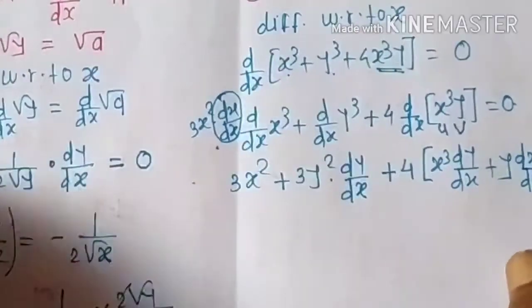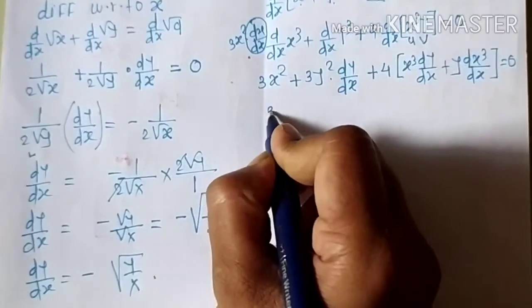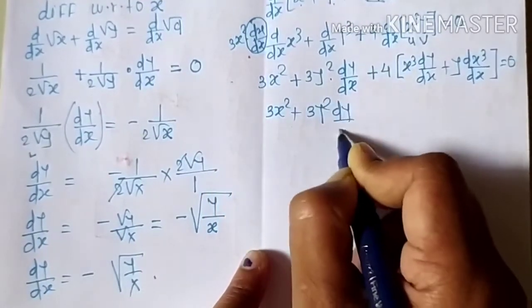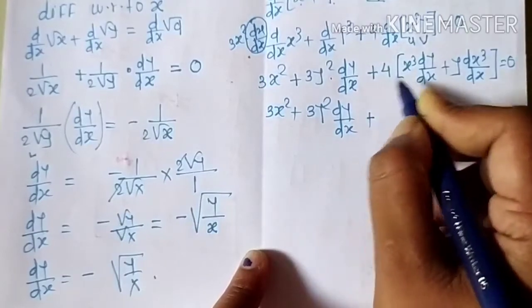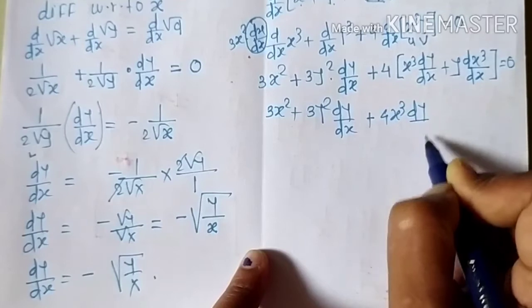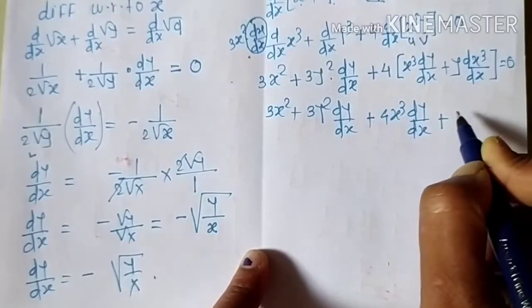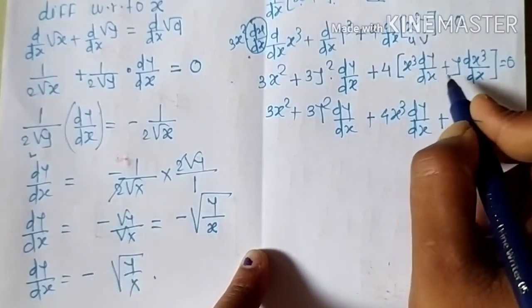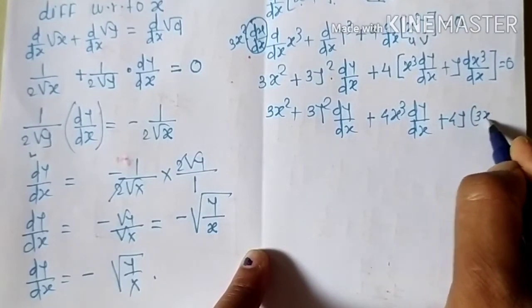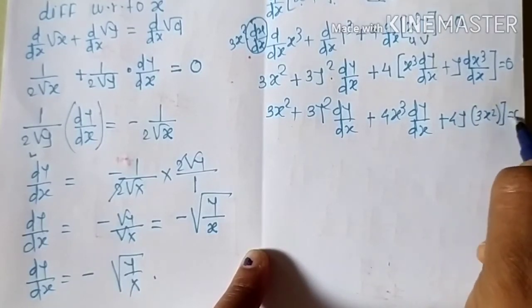We differentiate: this is 3x square plus 3y square into dy by dx, plus multiply this 4 inside, that is 4x cube into dy by dx, plus 4 into y into the derivative of x cube, which is 3x square, is equal to 0.